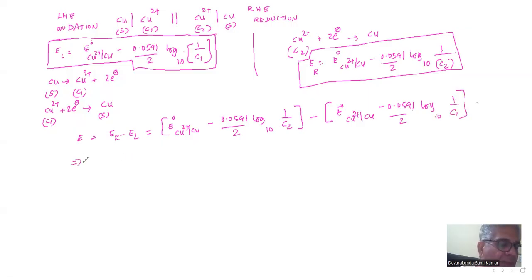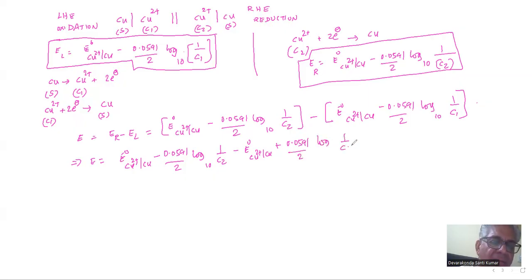So that implies E is equal to E0 of Cu2+ bar Cu minus 0.0591 by 2 log 1 by C2 to base 10 minus E0 of Cu2+ bar Cu plus 0.0591 by 2 log 1 by C1.